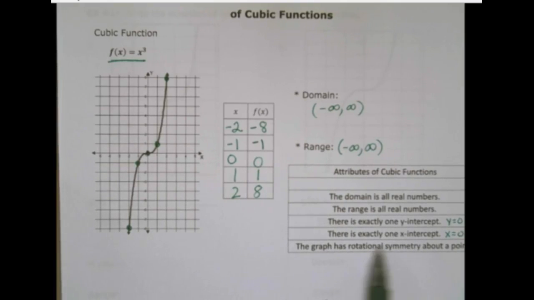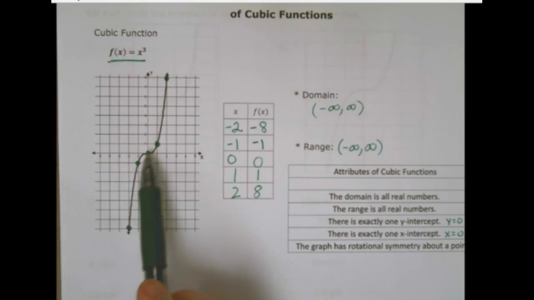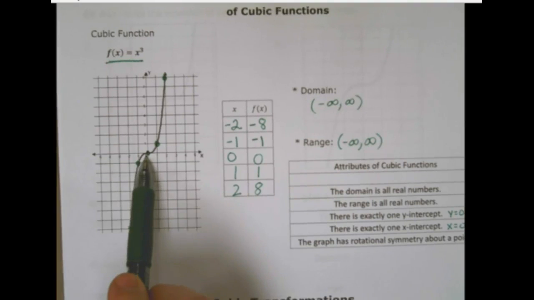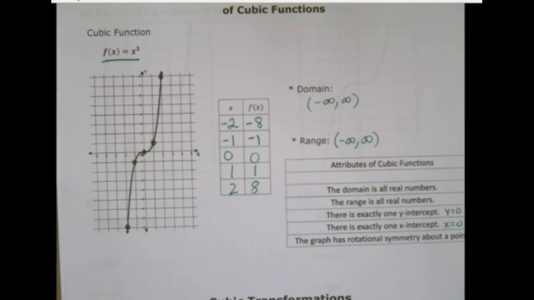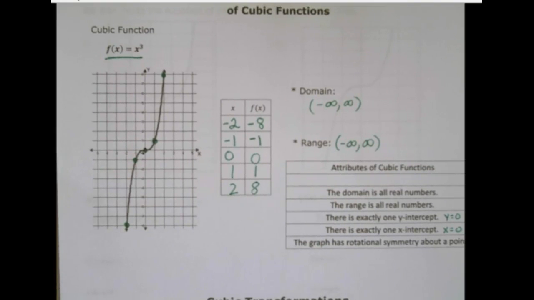That's what rotational symmetry about a point means. It's about a point because I told you to hold your paper down right here. So that's what it means, rotational symmetry around a point. This has 180 degrees rotational symmetry, and if you rotate it 180 degrees, it looks exactly like it did.